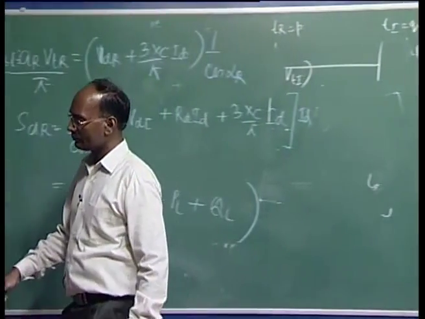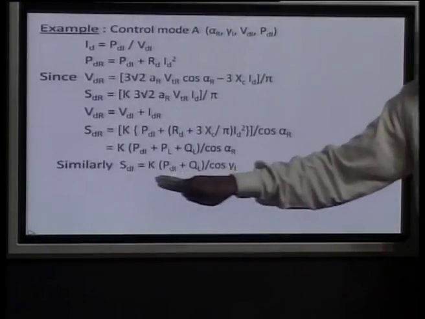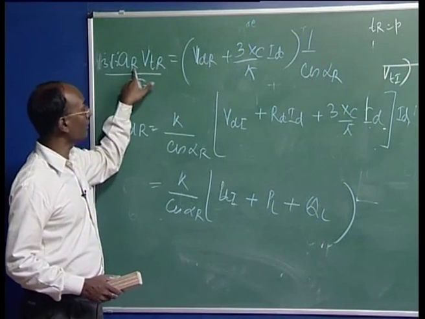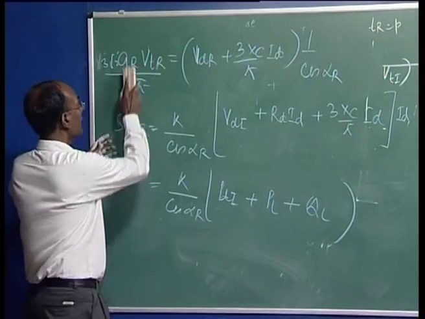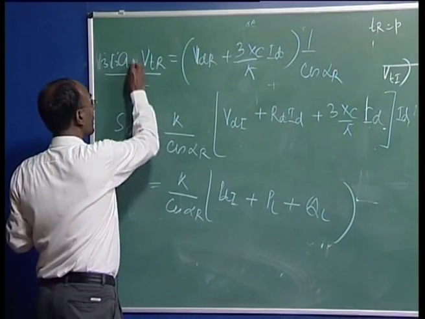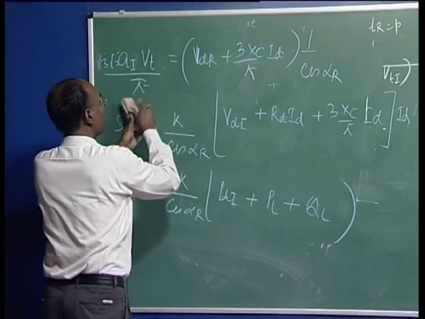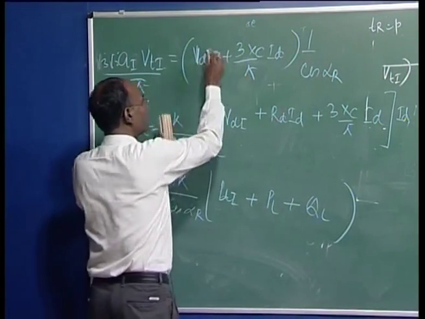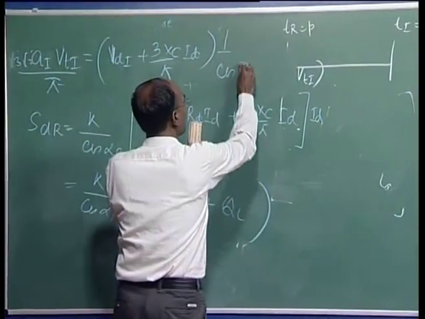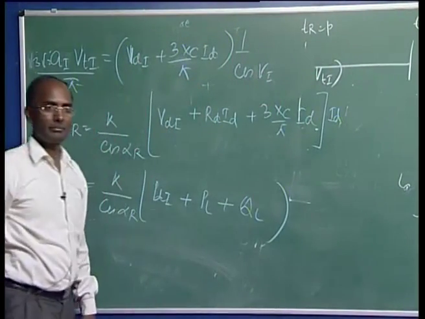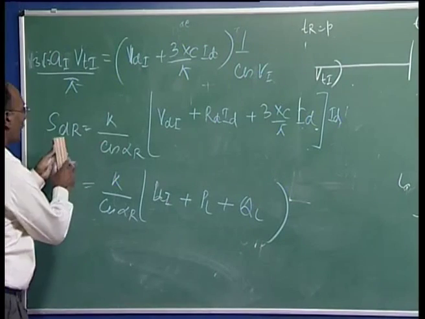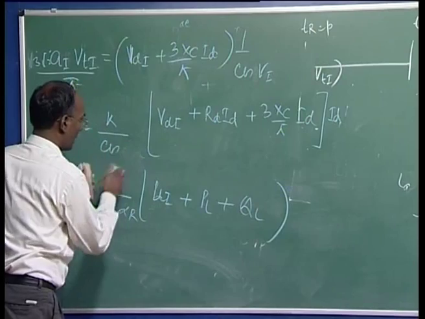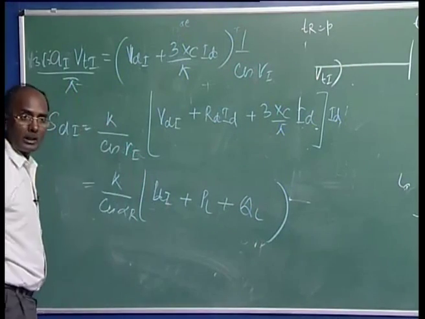Similarly, you can see SDI, what changes we are doing. Instead of this, AI will be there, meaning I can write it for that, it is your I, here VTI, and instead of this I have to write gamma I. If you put the value here, it will be I here, and here your gamma I. Okay.